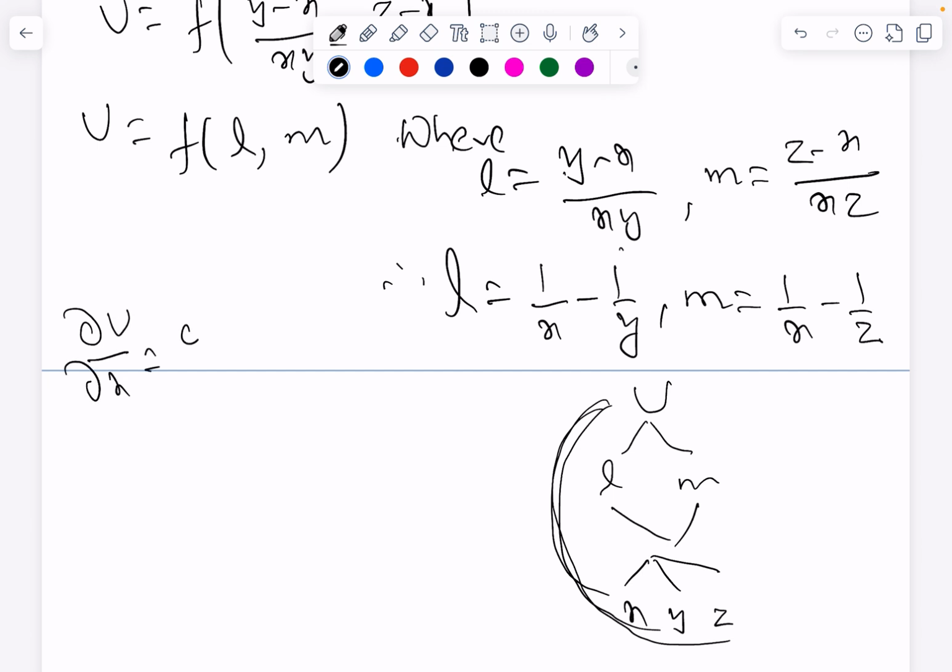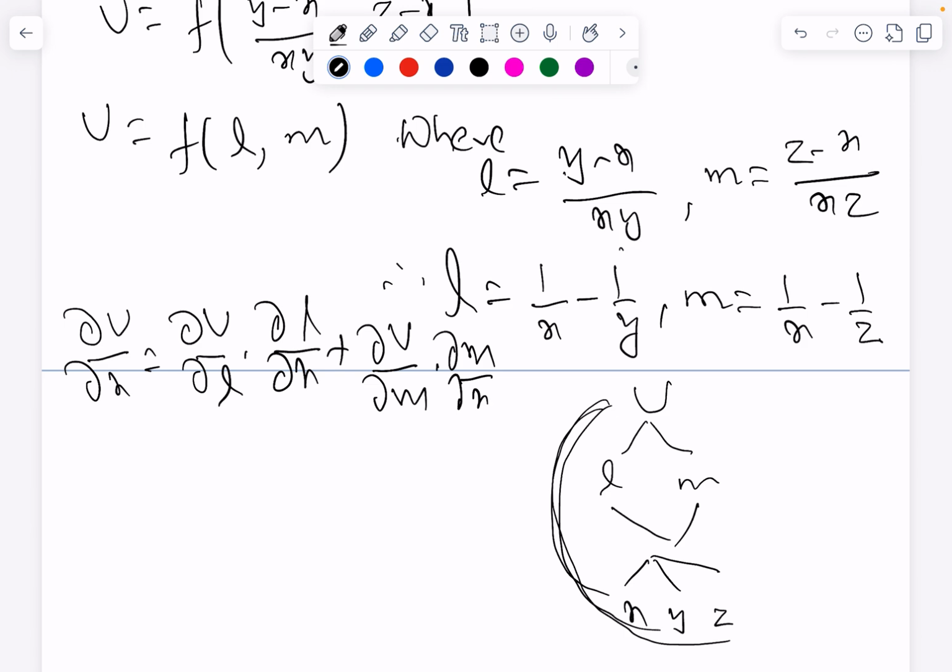So del u by del x is del u by del L into del L by del x plus del u by del m into del m by del x. So that is del u by del L. Now what is del L by del x? L is 1 over x minus 1 over y.